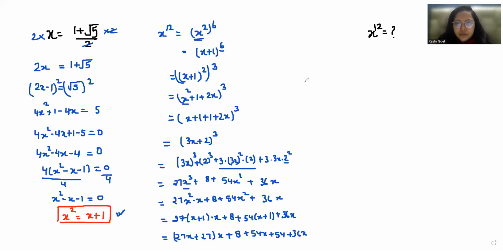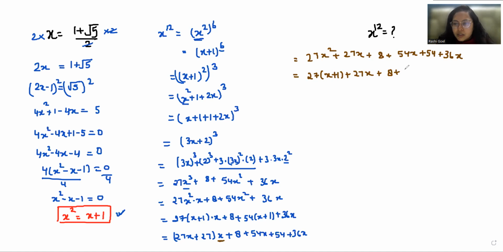Now we are going to multiply this by x. So 27x square plus 27x plus 8 plus 54x plus 54 plus 36x. Again, the value of x square is x plus 1, so 27 times (x plus 1) plus 27x plus 8 plus 54x plus 54 plus 36x.